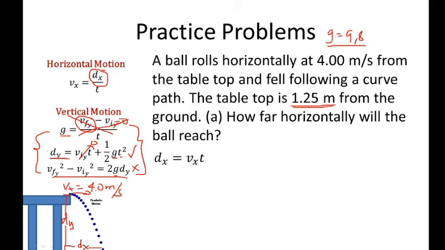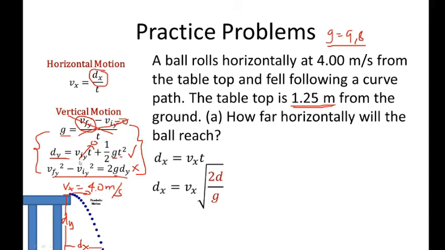Rearranging this equation will result in t equals the square root of 2d over g. To rearrange, we cross multiply, so we have 2dy equals gt squared, and then over g, we are left with t squared equals 2dy over g.